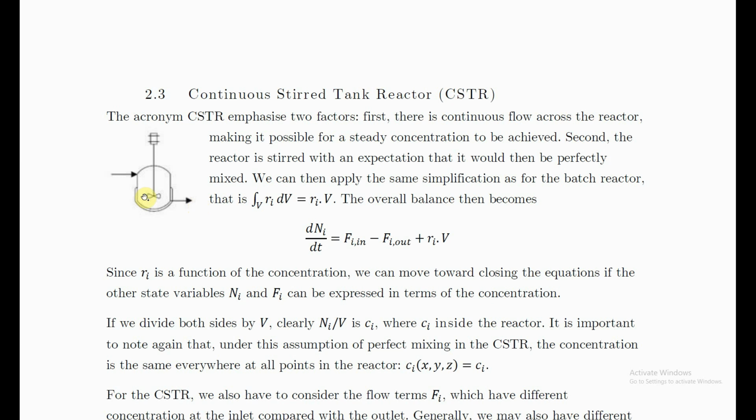But that also means then that you will have a very low concentration of component A here. So if you put in 100 moles per second of A at 99% conversion, that means you've only got 1 mole per cubic meter left here. That means your reactor then is going to have only 1 mole per cubic meter of A. That means your production rate is going to suffer.